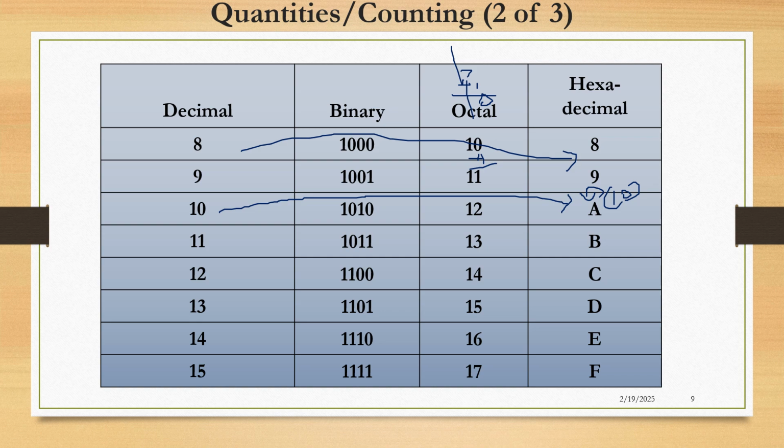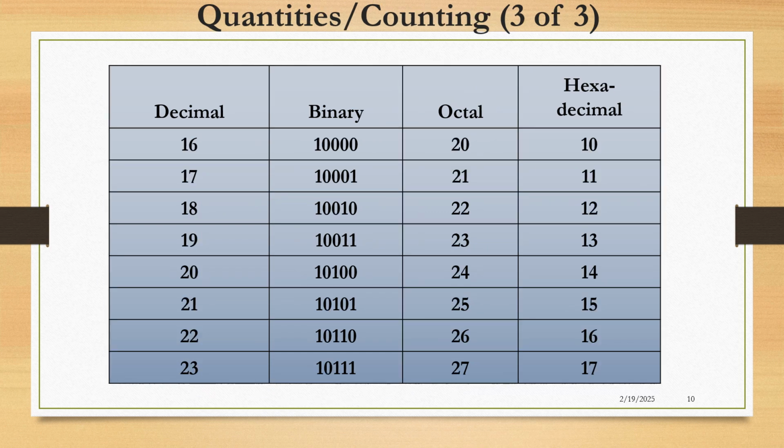The decimal number 15 is represented as 17 in the octal number system. Again, 16 is represented as 1 0 0 0 0 in binary, 20 in octal, and 1 0 in hexadecimal.